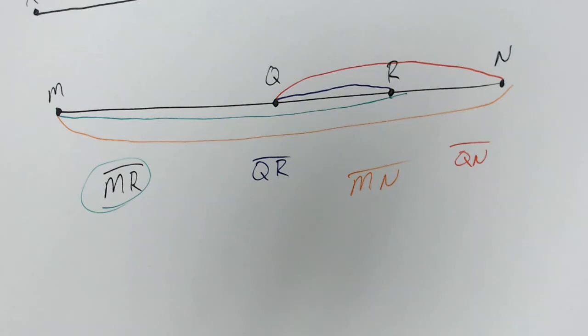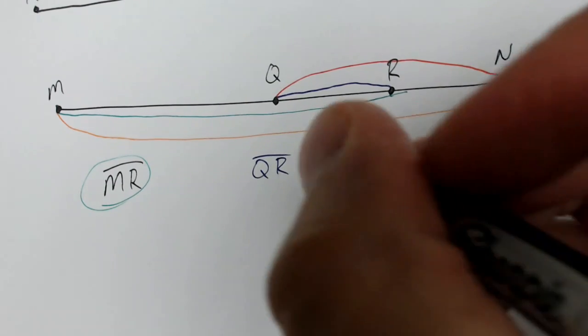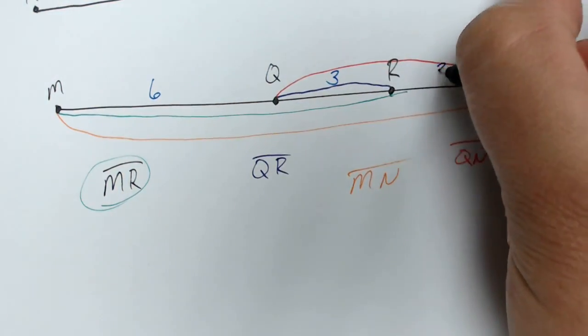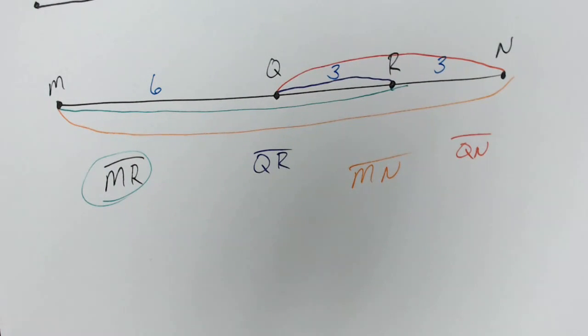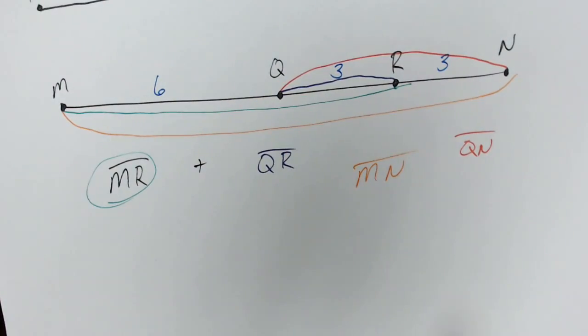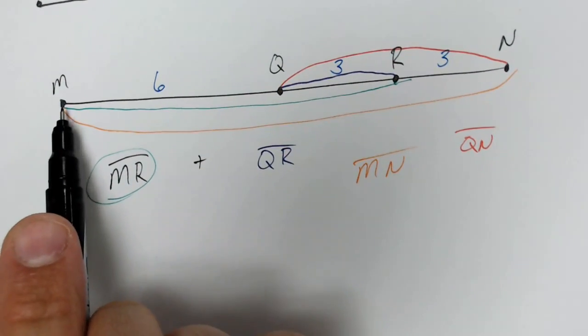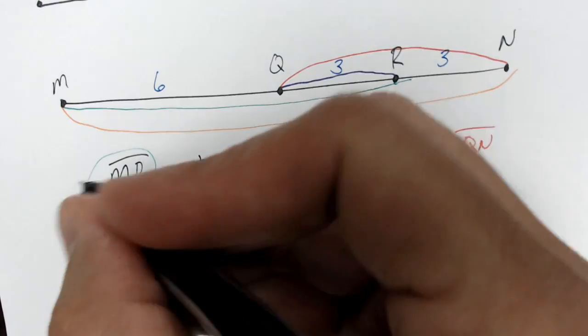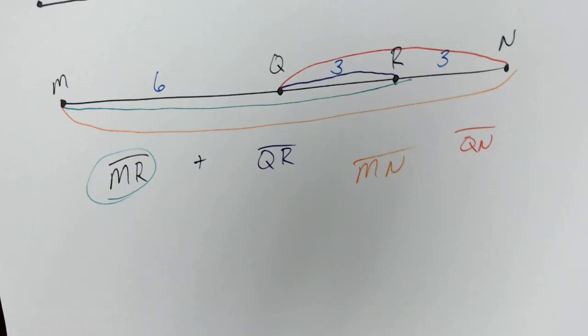Now, the reason why this is important is what if I gave distances to these? What if I said this distance was 6, this distance was 3, and this distance was also 3? I could then ask you, what is the length of MR plus QR? Well, how far is MR? MR would be from here to here, so that would be 6 plus 3, which is 9.